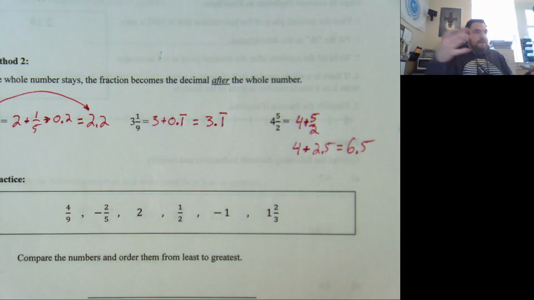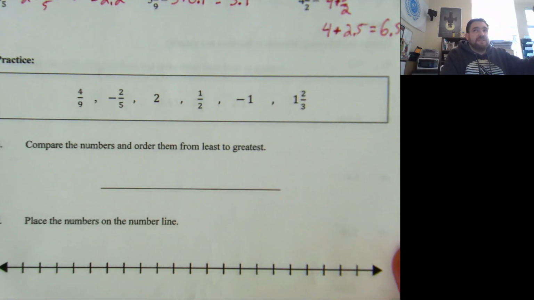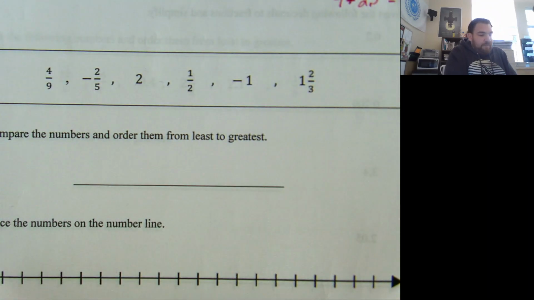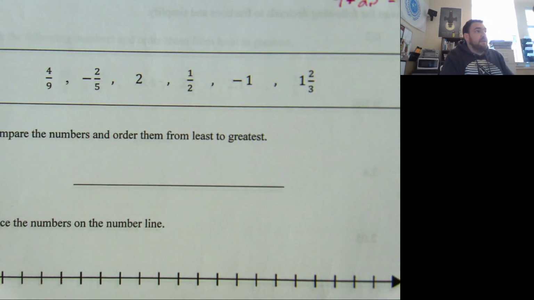What's my smallest? What's my biggest? And how do I order them all in between? Well, using the skills we did yesterday and the stuff I just showed you, we're going to start to put these things together. And I want you guys to be able to take a collection of numbers and order them from least to greatest.